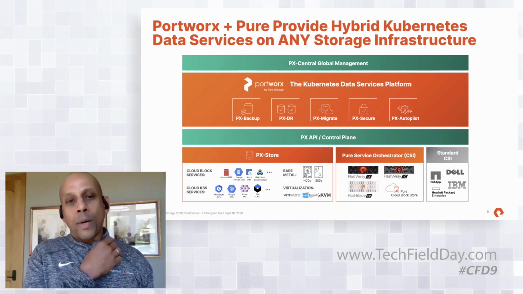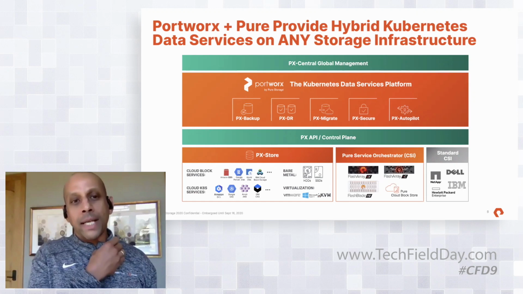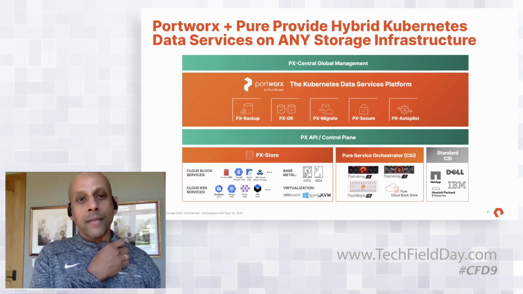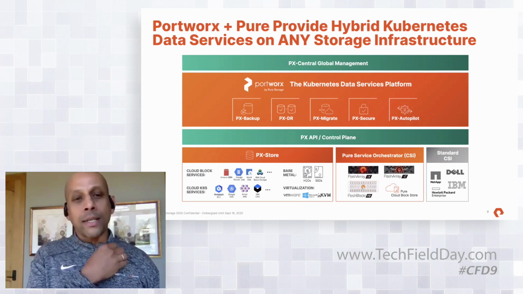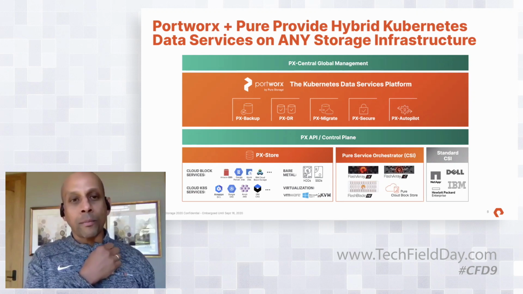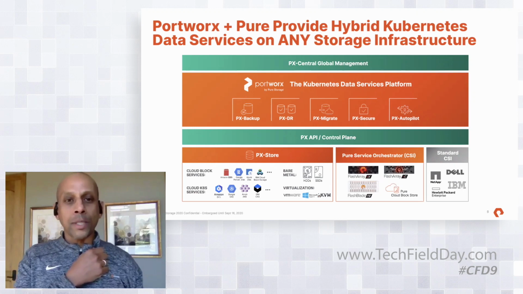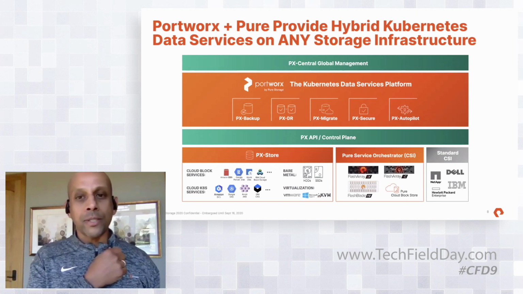There are some core modules that provide Portworx the advantage it has in the Kubernetes stateful application space. Those are the five modules you see here in the data service platform box. Our backup, DR, and migration modules are critical to running enterprise-grade applications in production, especially when people are managing fleets of clusters.